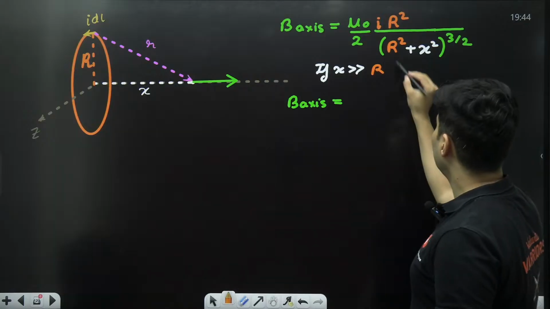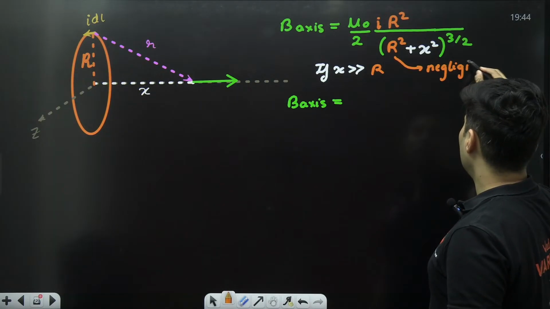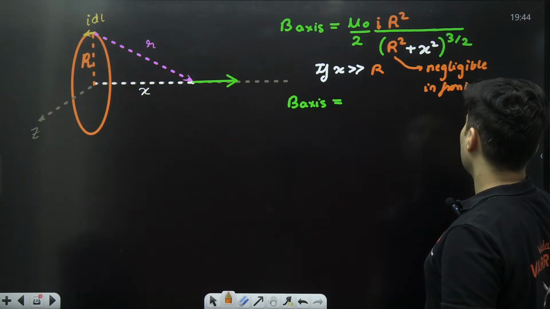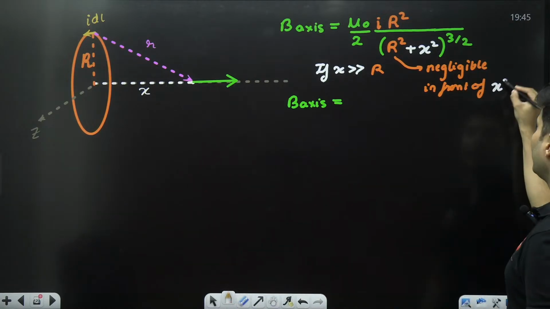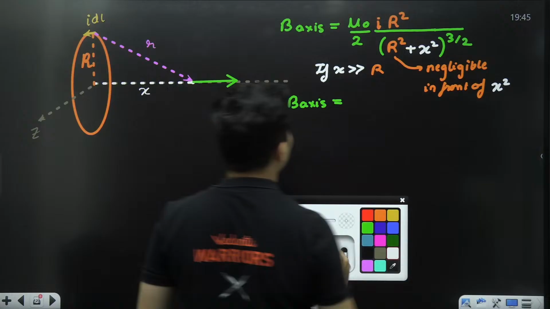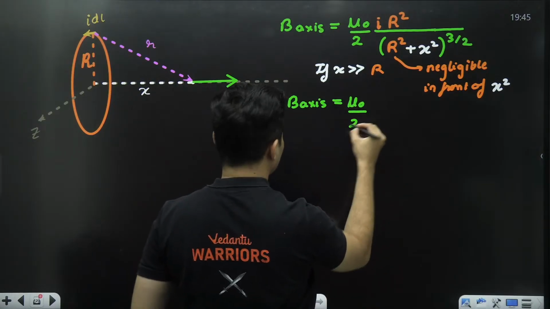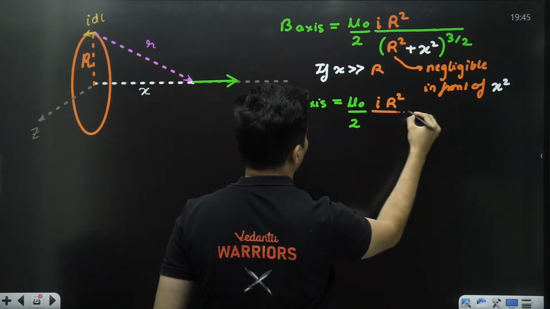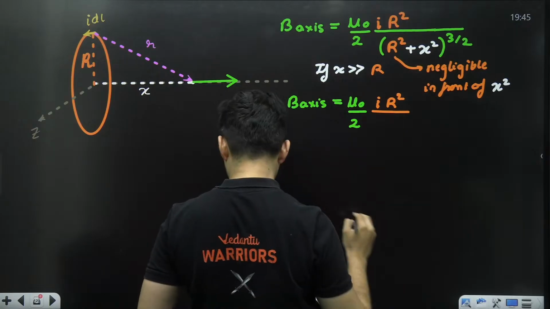because this will then become negligible in front of whom? Who will it become negligible in front of? x square. So the formula will become, see this, mu naught is there, 2 is there, this current is there, r square is there, of course. This has become negligible in front of this, so it will be x square only.